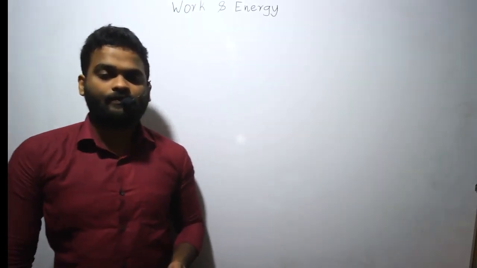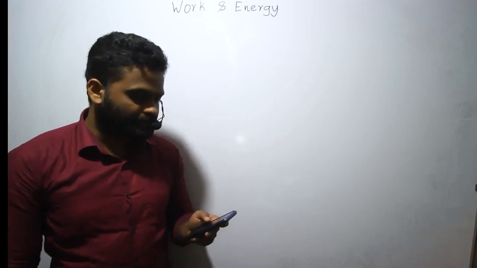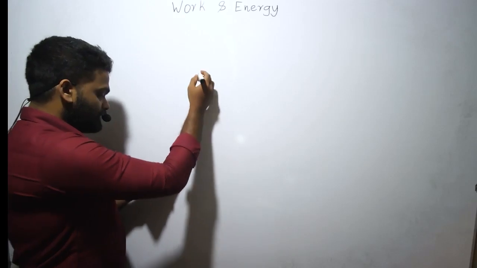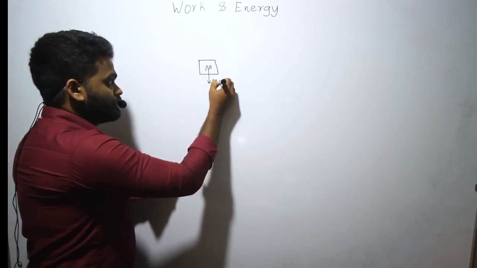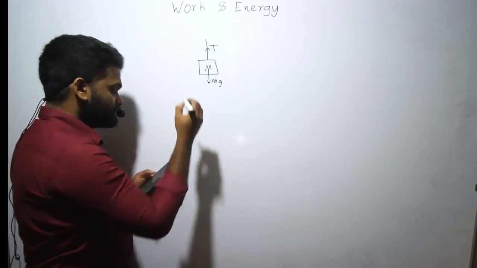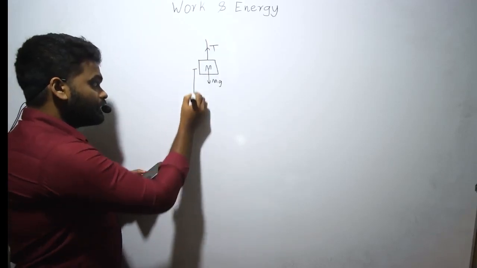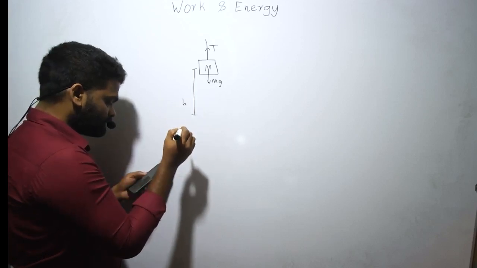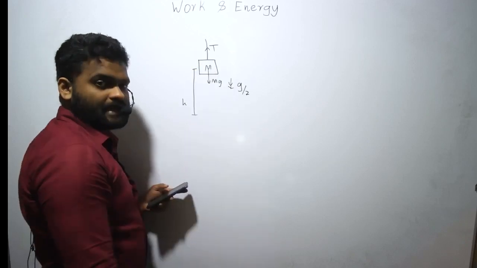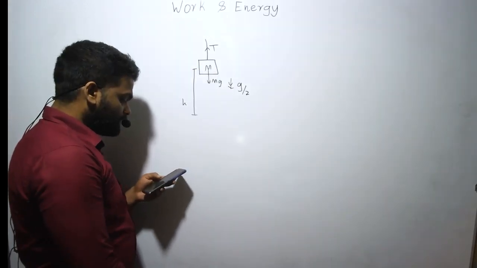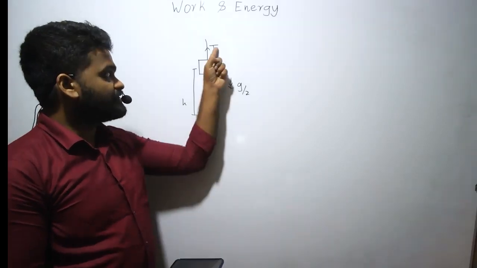Then fifth question. A mass capital M attached by a string is lowered, so there's the string, a height h, and they have given the acceleration with which you lower this mass, right? So what they ask is the work done by the tension of the string. This is the tension.